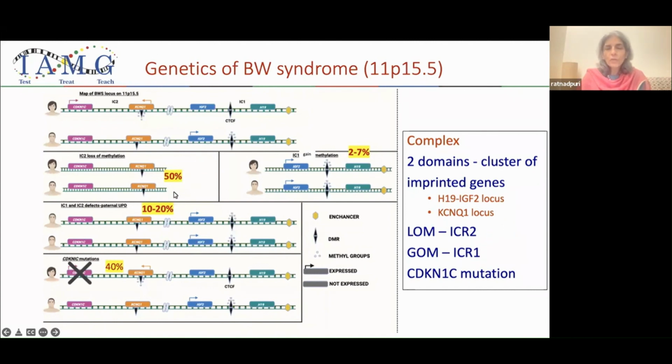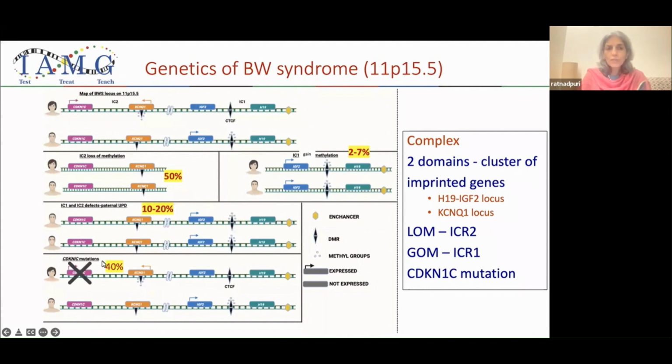In 50% of patients of Beckwith-Wiedemann syndrome, there is loss of methylation of imprinting center 2. In 10 to 20% of patients with Beckwith-Wiedemann syndrome, there is paternal uniparental disomy.